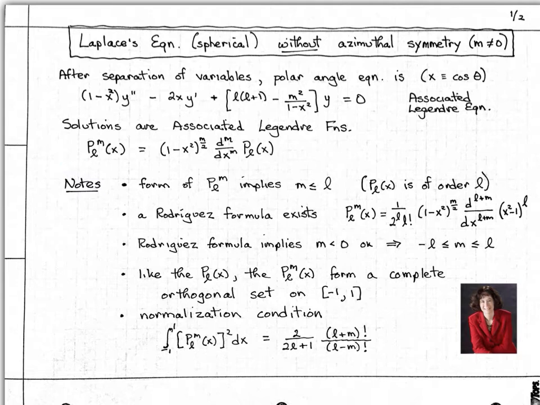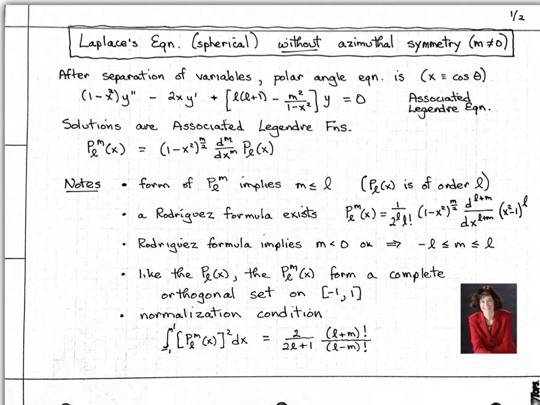That is, you start with a Legendre polynomial, you take some derivatives, and you multiply by this function here. You can check for yourself by plugging these associated Legendre functions back into the differential equation for the variable y, that these actually are solutions, and I invite you to do that.